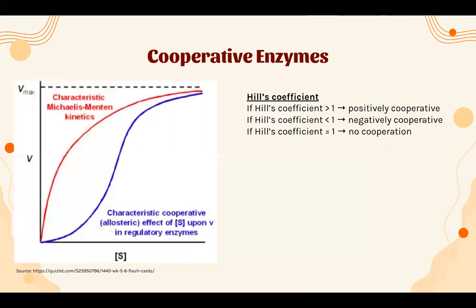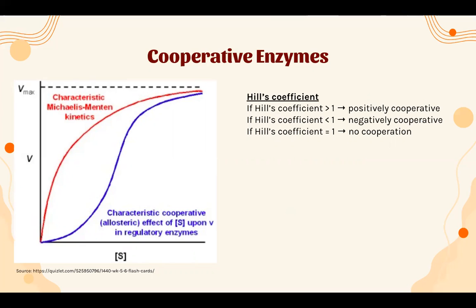Cooperative enzymes. Cooperative enzymes are enzymes whose affinity for a substrate either increases or decreases upon initial binding of that substrate to an enzyme. So that's a mouthful, but I can explain. One common example that I can think of is hemoglobin.